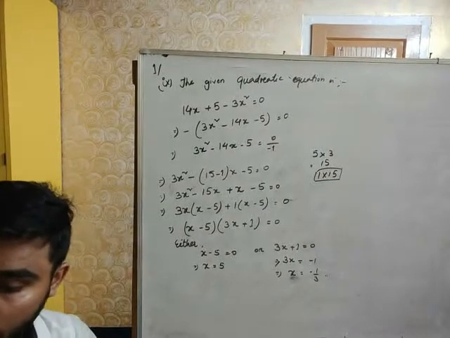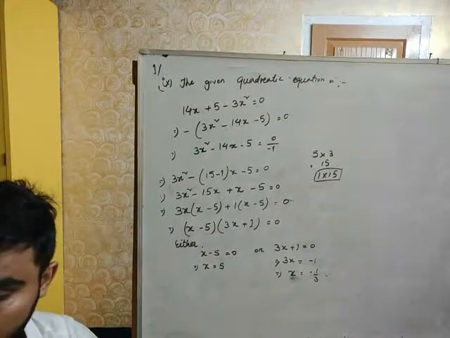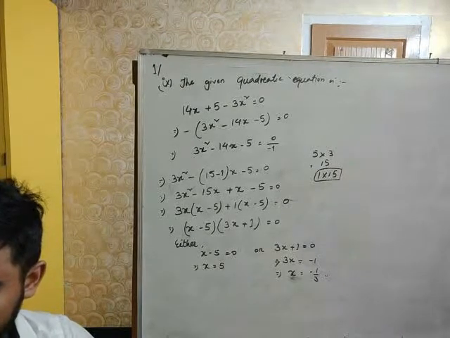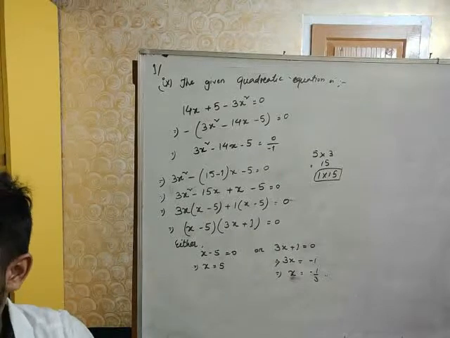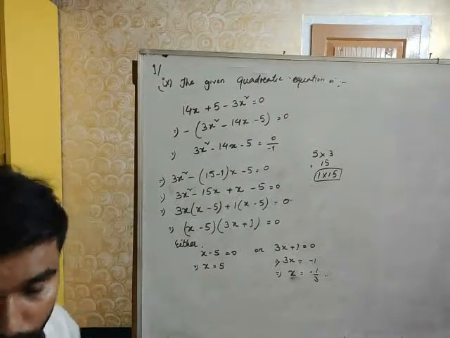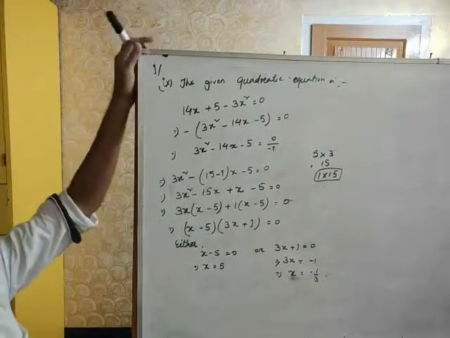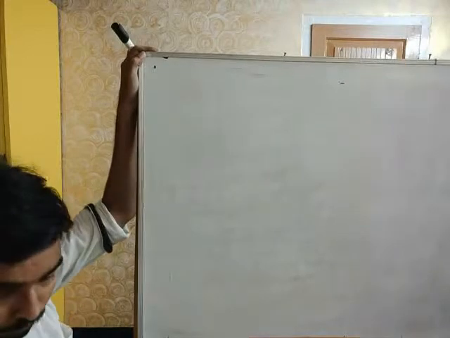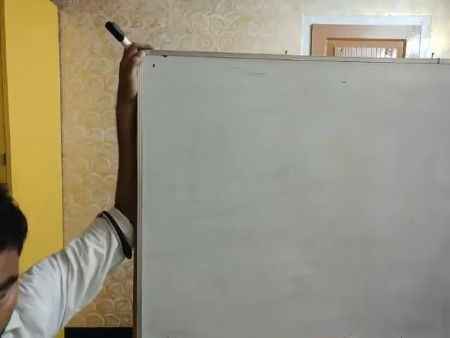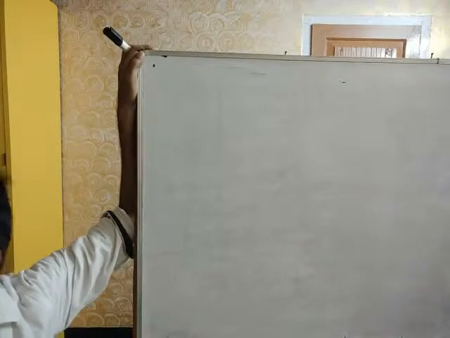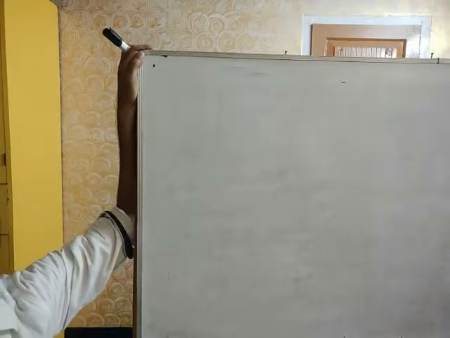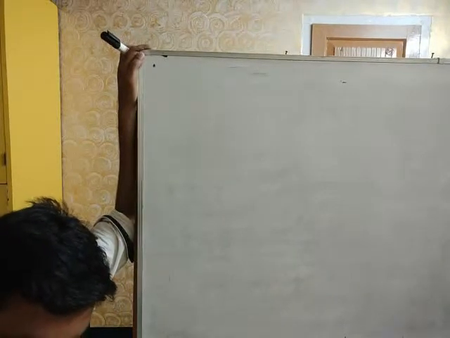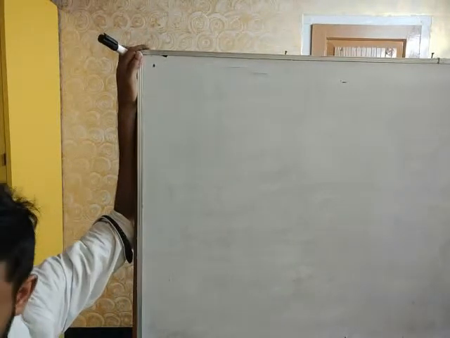Okay. Let's move to question number 3 then. Question number 3 says, find two numbers whose sum is 27 and product is 182.